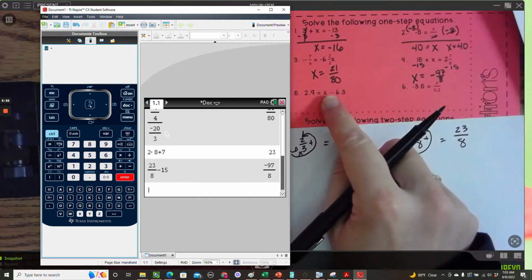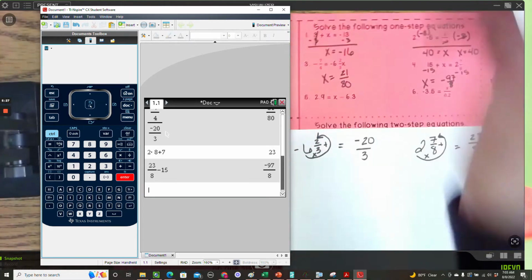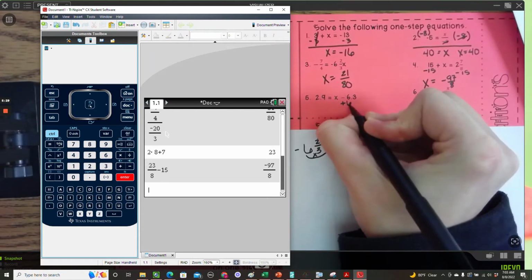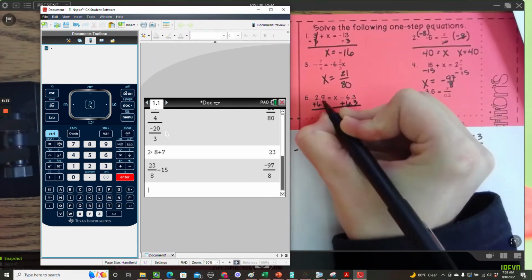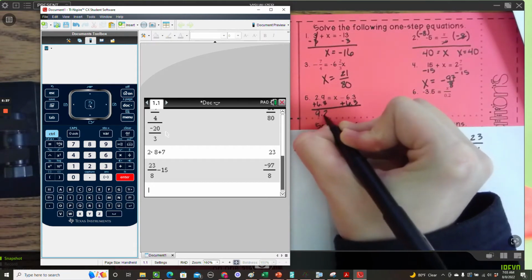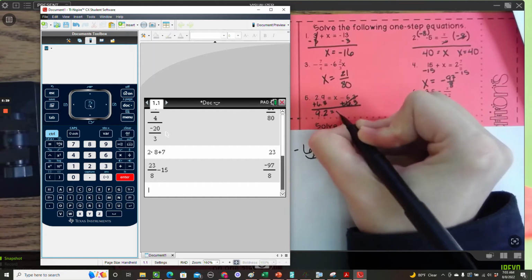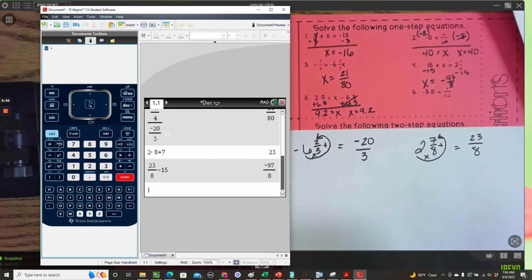Okay, so now we've got decimals. Decimals are easy. So x minus 6.3. So to do the opposite, I would add 6.3 to both sides. Again, if you need to use the calculator, 2.9 plus 6.3 would give me 9.2. This cancels. And again, we try to write the x first.